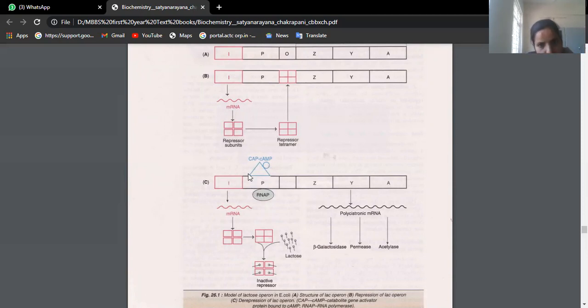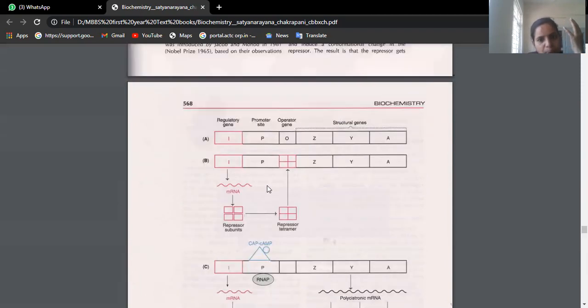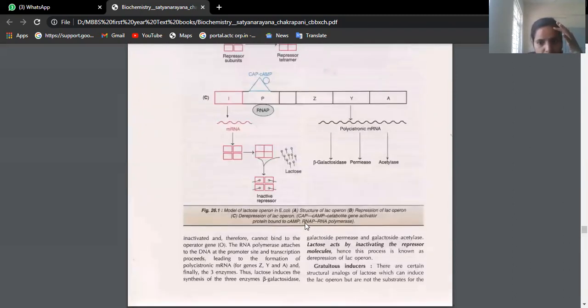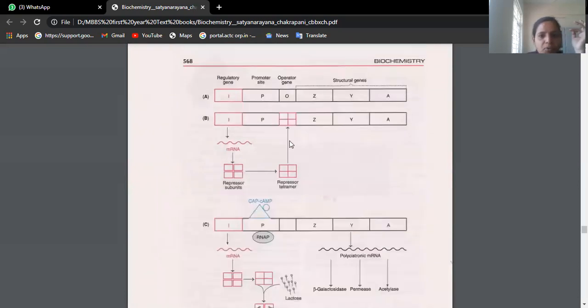Similarly, here also you find CAP, cyclic AMP, at the promoter site, which is coding for this RNAP. Nothing but what is this, beta? The RNA polymerase enzyme is working here, and finally what is this fourth box?